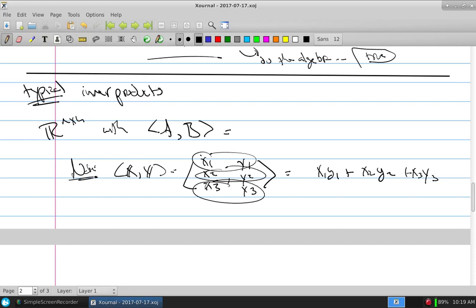If it's multiply same positions and add, what if, instead of vectors like that, I had, say, A, B, C, D versus E, F, G, H? This gives me a single number. Could I do something similar within matrices? Sure.